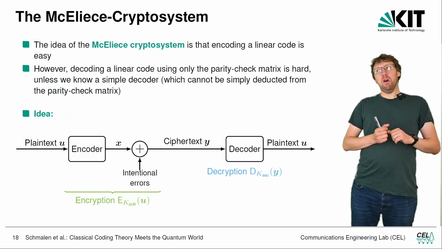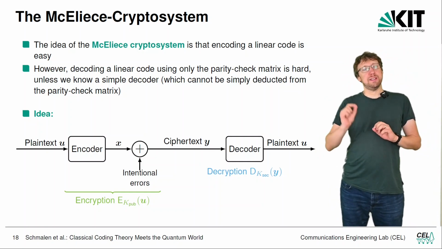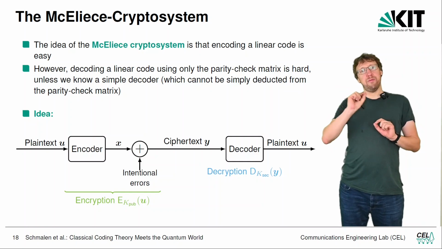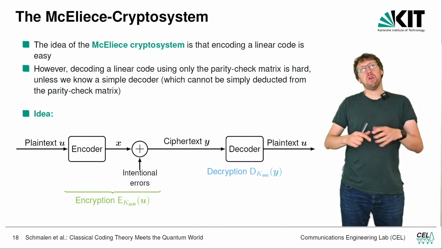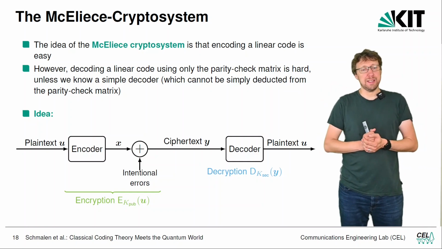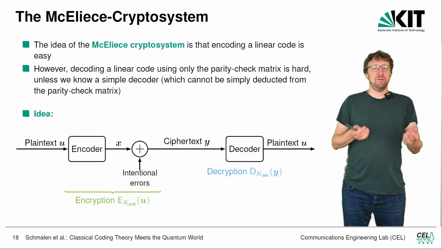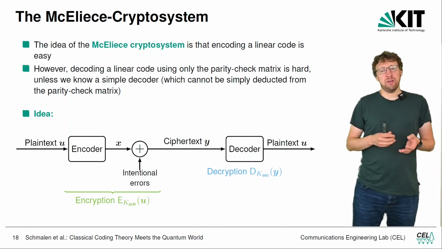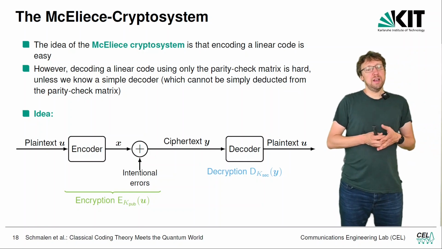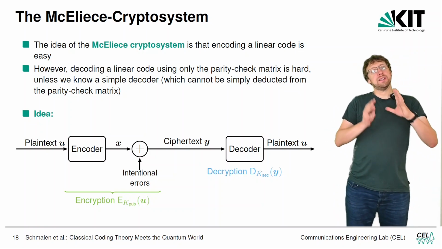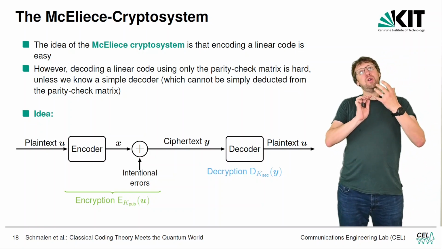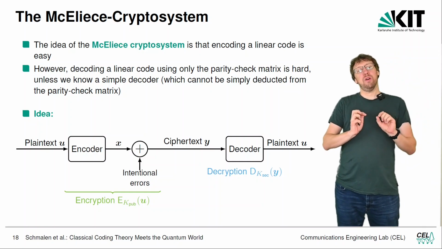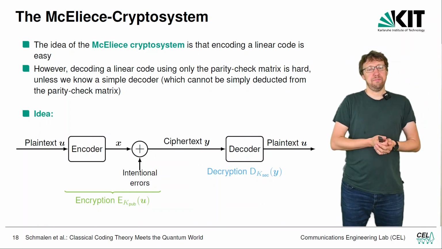That decoder only works for parity check matrices that are sparse, where you have very few connections in the graph. The more connections you have, the worse the performance gets, and you are not able to run it anymore. Other decoders have similar issues. The decoder only works if you have a very specific code, and if you know what kind of code you have, then you can use it.